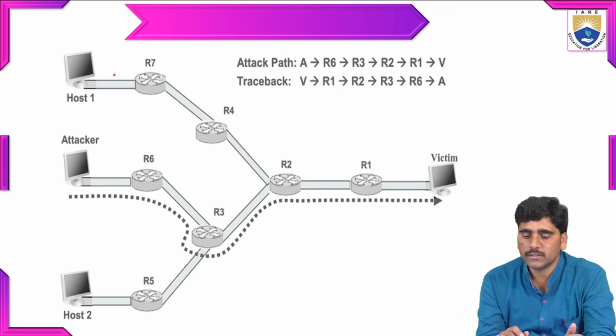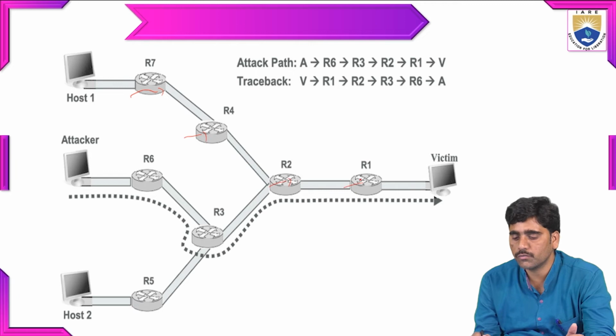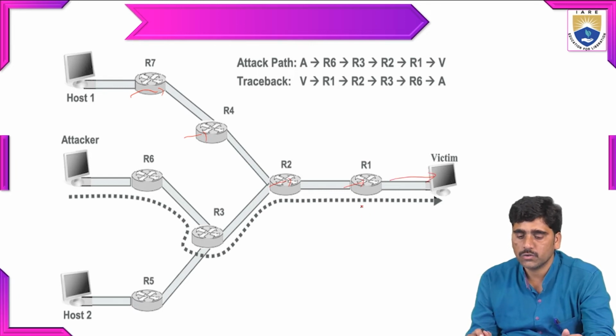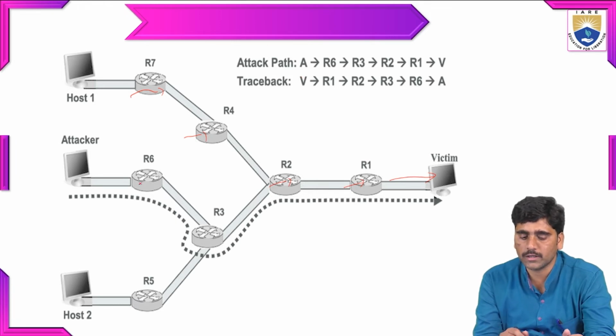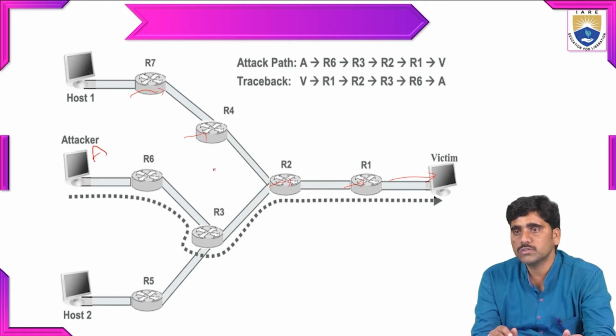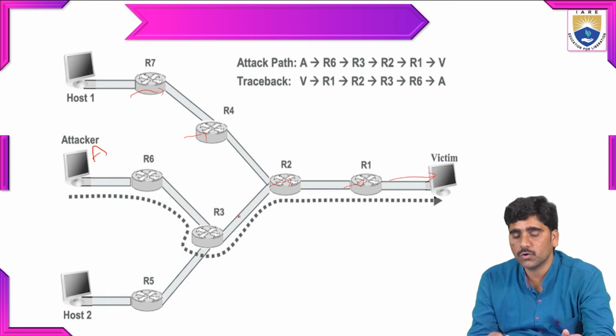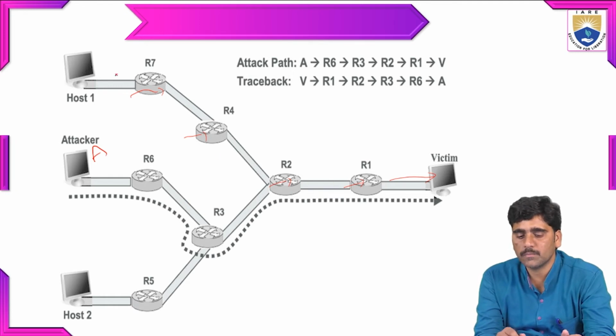The host can use the route with the help of router 7 to router 4 to router 2 to router 1 and the server. So this is the attack path actually. The attacker is going to use the original path in his own control.